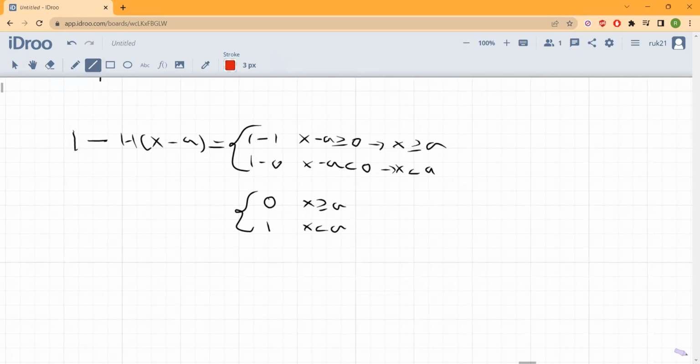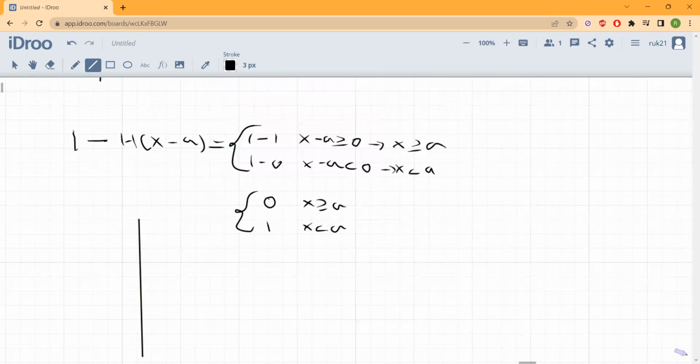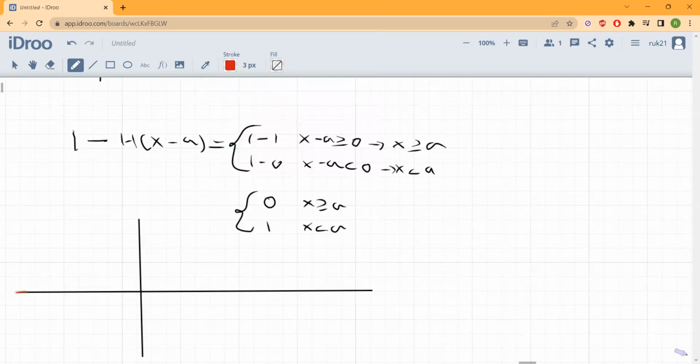Now, graphically, you could think of it like this. If we draw our axes quickly, there it is. If we draw our original function, it's going to look something like this. We already saw it. It's going to have a hole at 0, it's going to be filled in up top here, and it's going to continue.